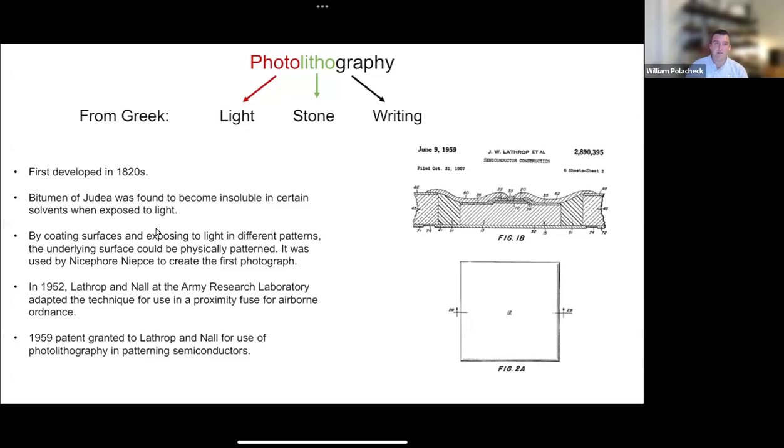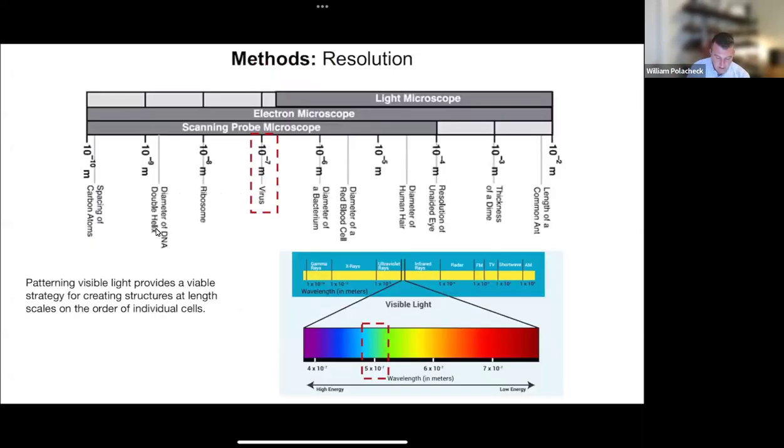The regions that saw the highest intensity became insoluble in certain solvents. And thus, if you expose to varying intensity and then dipped in the solvent, you would get an extrusion that was as deep as the thickness of the bitumen of Judea, which reflected the light intensity that was exposed on it.